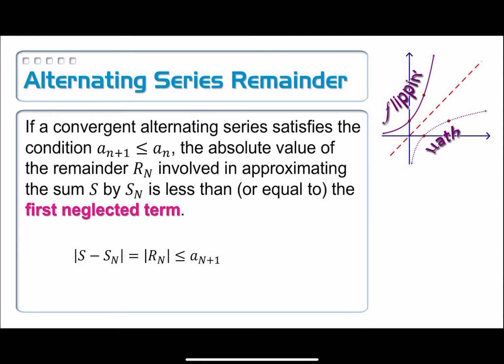The absolute value of the remainder, r sub n, involved in approximating the sum s by s sub n is less than or equal to the first neglected term. I went up to the nth term, so I look at the very next one, which is the n plus 1th term, and that's as big as the error could possibly be. I approximated my sum using only 4 terms, so I'm going to look at the 5th one, and that 5th one will say that's as big as the error could possibly be from our actual sum.